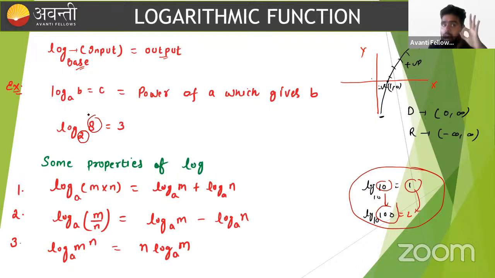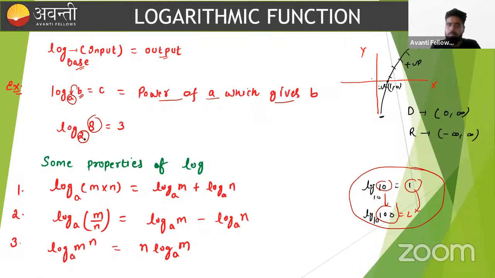Listen carefully. How much power we give to our base so that we get our input, that power is known as the output of the log. In the same manner, if log b at base a equals c, it means the power of a which gives b. What is c, beta? What is the output? The power of a which gives b.